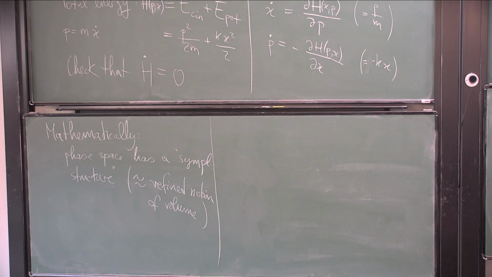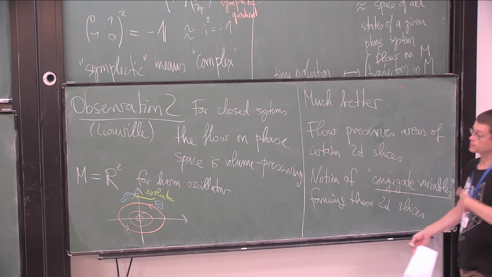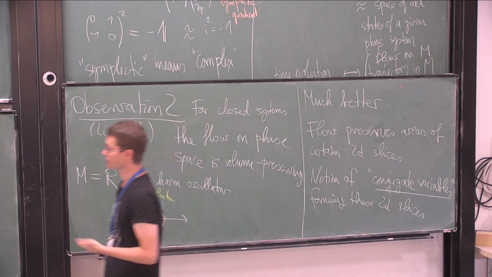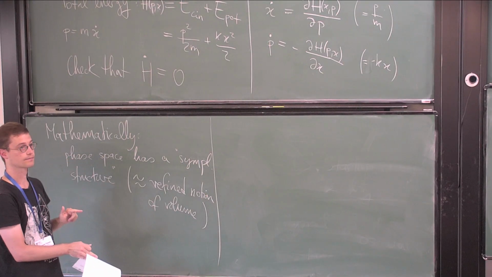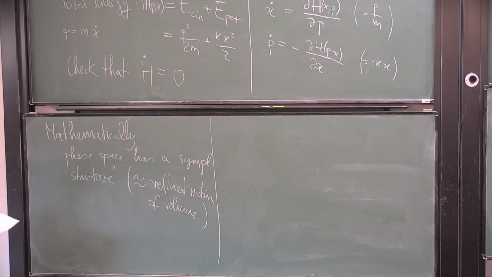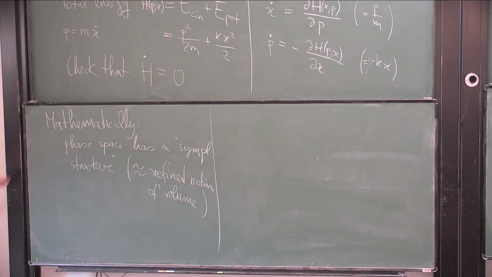It gives you the recipe for how to do physical evolution on this phase space. And since it's preserved over time, it gives you this notion of conjugate variable and this preservation of these areas, of these 2D slices. And also, as we will see, from the symplectic structure you can derive a lot of other concepts, for example, the Poisson structure and things like that.